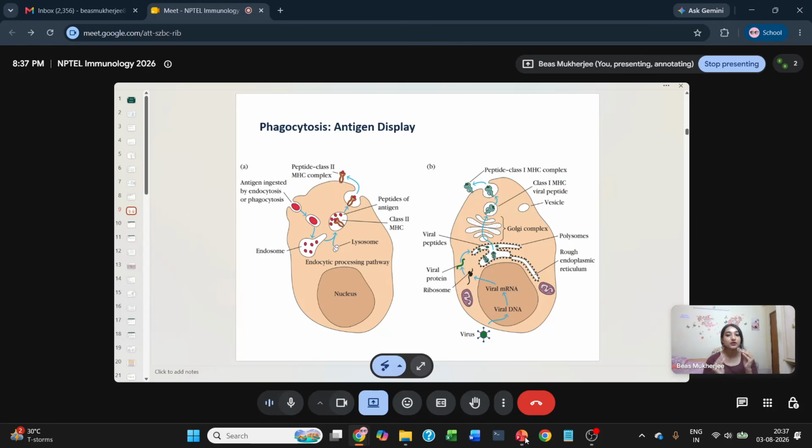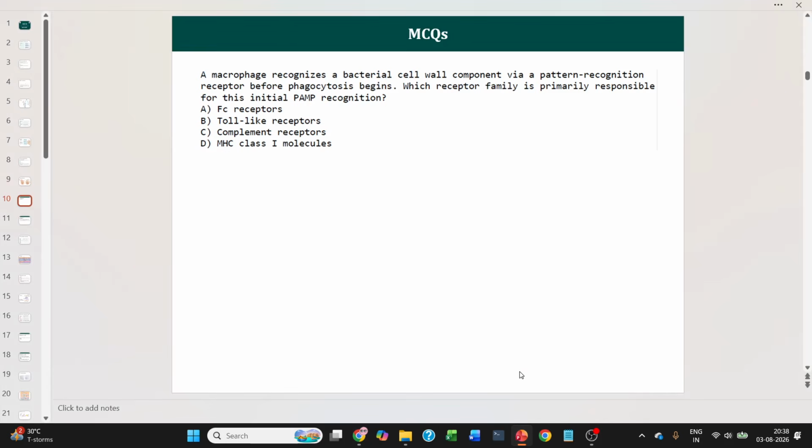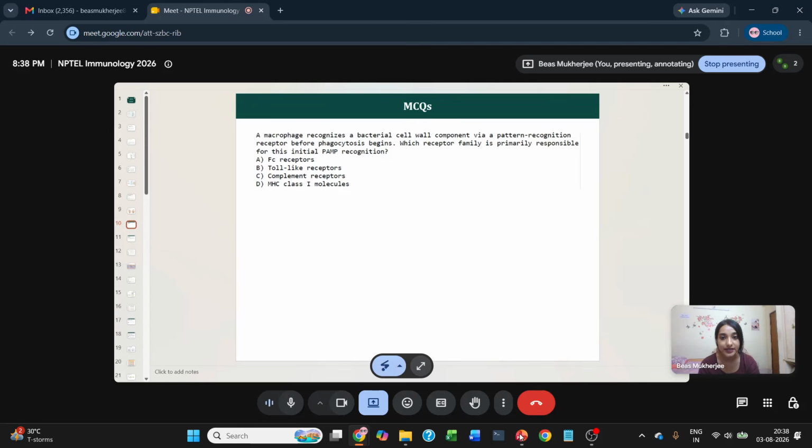Okay. So the antigen is taken in case of MHC class 2 antigen presentation, and in case of MHC class 1 antigen presentation, it is a virus infected cell or a tumor cell, and then it is presented. So here is an MCQ. Now in the class, all of you had answered all of these MCQs, but here since we do not have any students, I'll be showing you the answer.